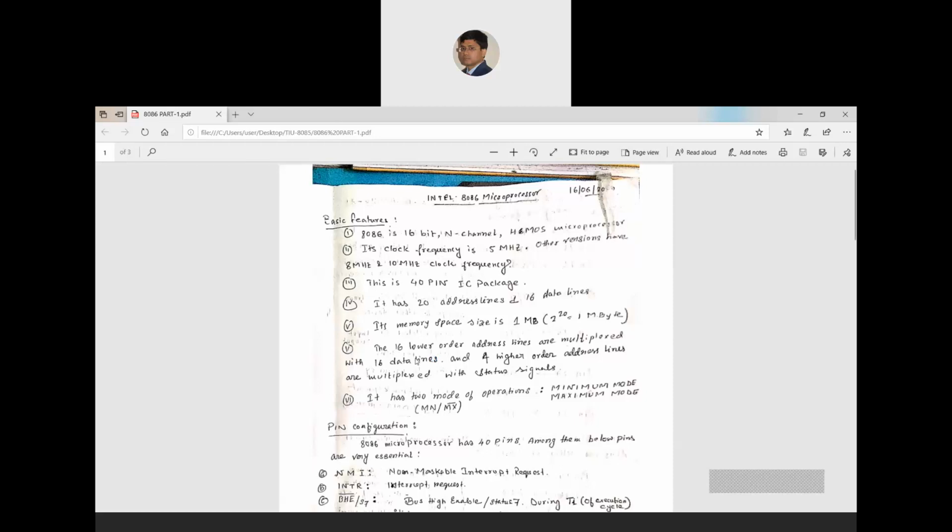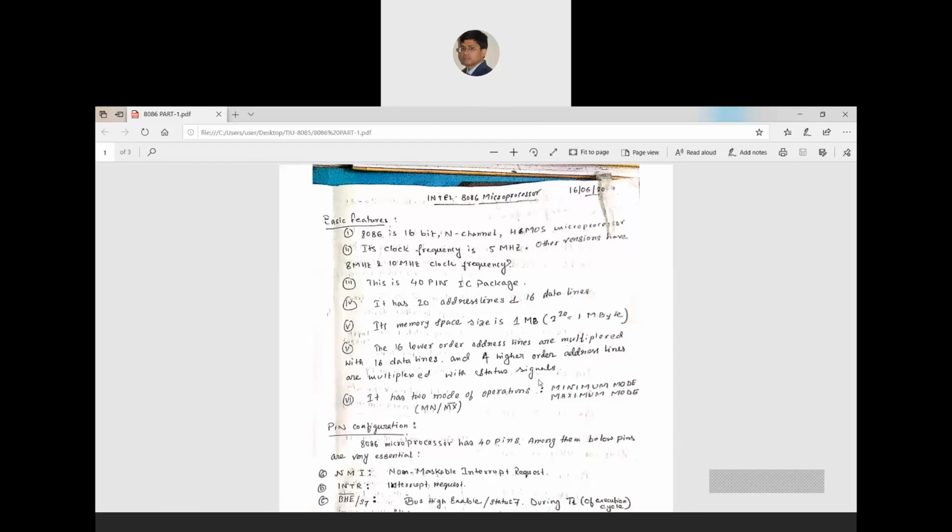Here, among the 20 address lines, the 16 lower order address lines are multiplexed with 16 data lines. Then the 4 higher order address lines are also multiplexed with status signals. So all of them are multiplexed. So using multiplexing in 8086 we can have more address and data lines.